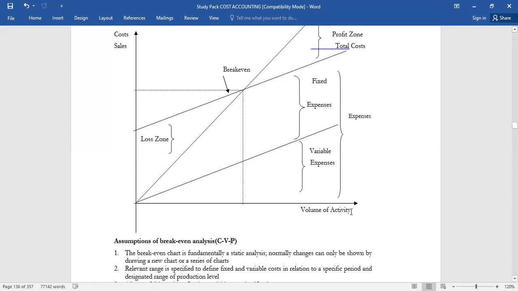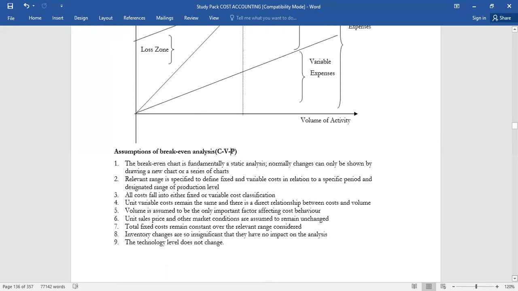Maybe we are increasing machine hours because the machine had broken down, isn't it? So we are assuming all the other factors. We are just playing around with the level of activity or the volume of activity. That's why it's CVP. Then unit sales and other market conditions are assumed to remain unchanged.